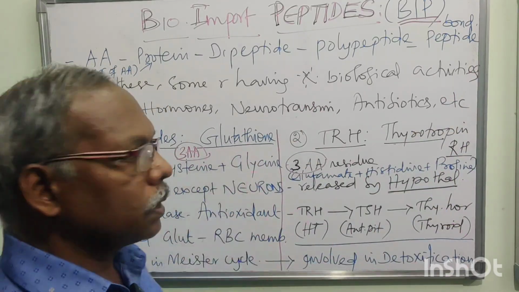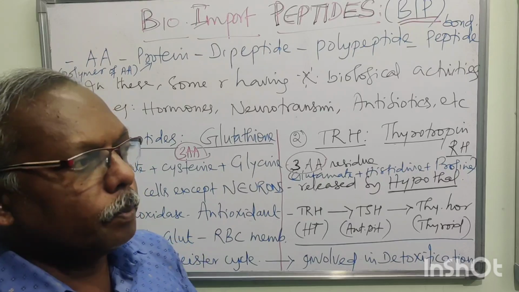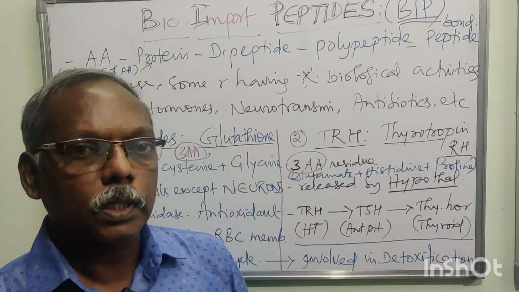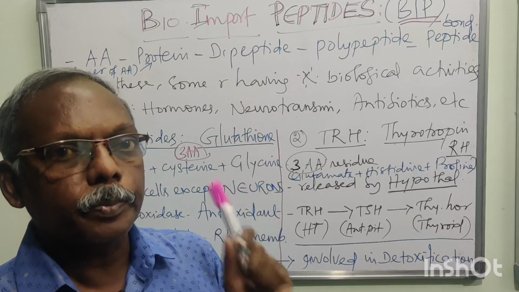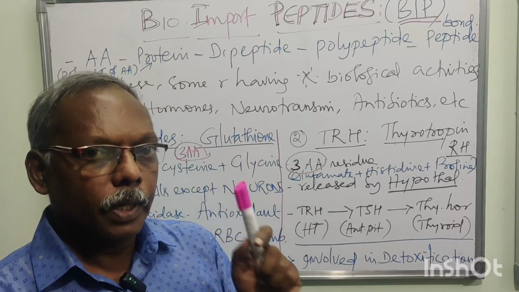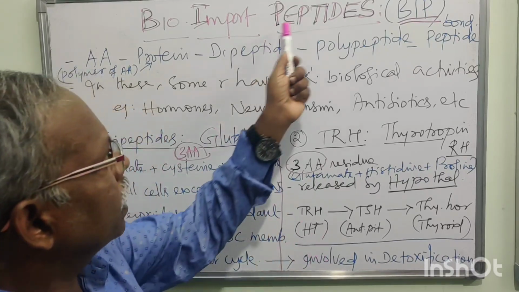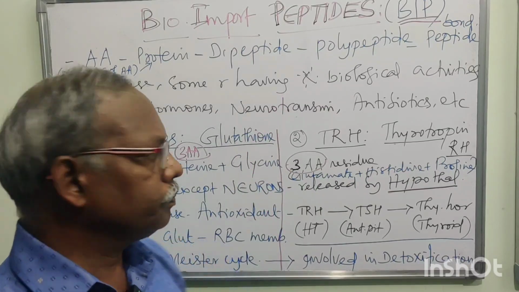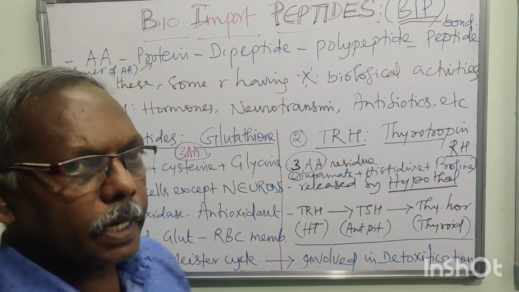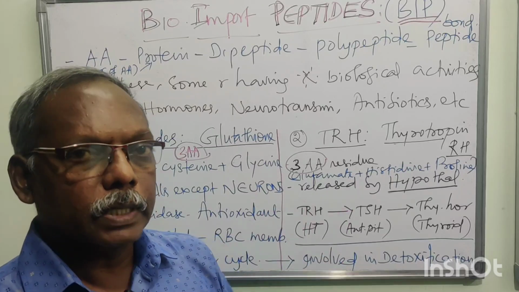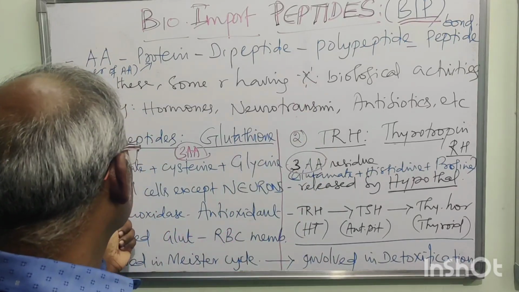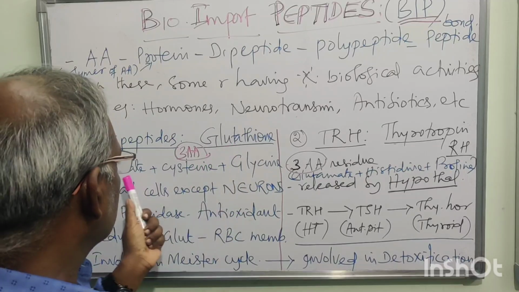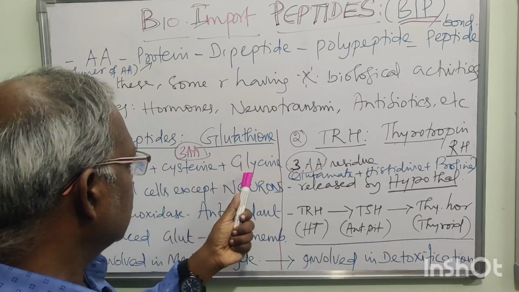The first one is glutathione. All biochemistry students should know A to Z about glutathione because it is a very important molecule in biochemistry. It is a tripeptide, meaning 3 amino acids joined by peptide bonds. The composition of glutathione is glutamate, cysteine and glycine.